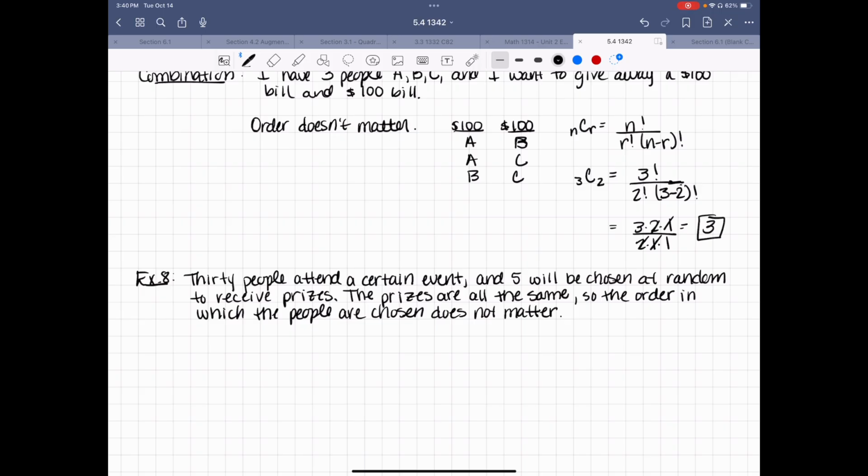How many different groups of 5 people can be chosen?